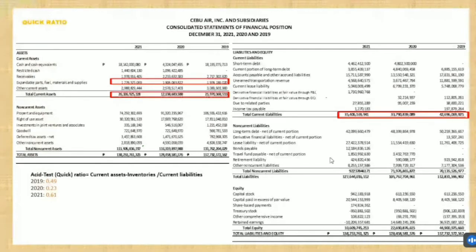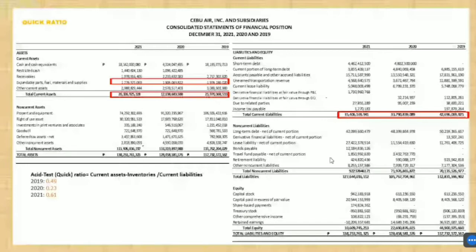So unti-unti nang bumabawi sila sa acid test. Kagaya din ito nung nauna, which is the current ratio, magkaiba lang sila in that inventory is excluded here.